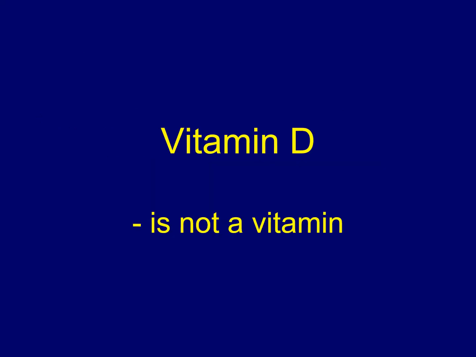Another factor that's related to bone health is vitamin D, and vitamin D got the wrong name 100 years ago when it was identified. It is not a vitamin, because a vitamin is something that we have to get in our diet. Vitamin D is a substance that we make in our skin as a result of exposure to sunlight. And so the people who become vitamin D deficient are those who don't expose their skin to sunlight.